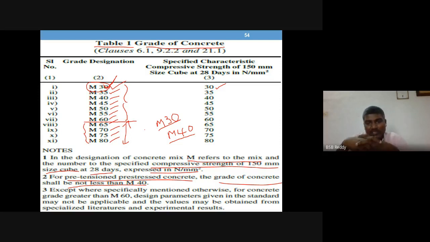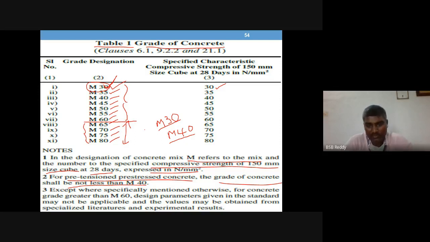Post-tensioned means what? First you prepare a concrete member, then you insert the tendon, pull it and bolt it. That is what is called a post-tension pre-stressed concrete member. Post-tension means after hardening of concrete, we tension the tendon. We pull the tendon.